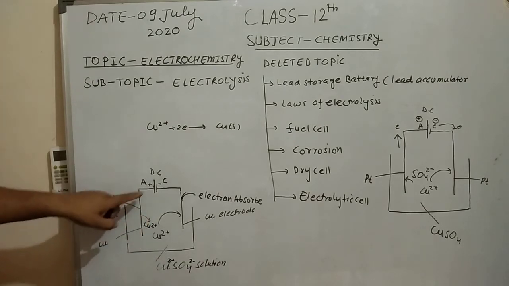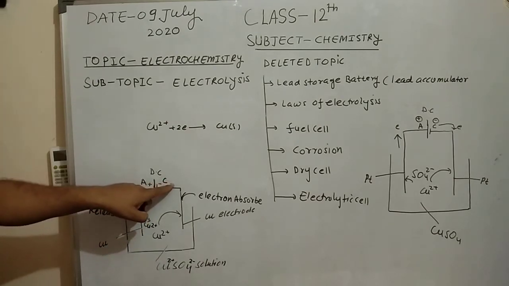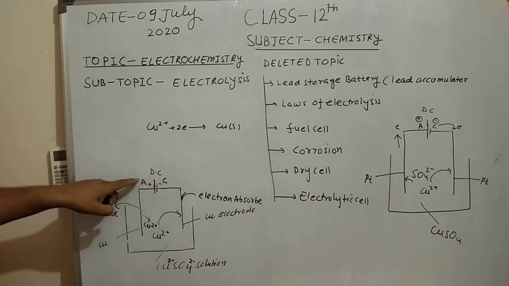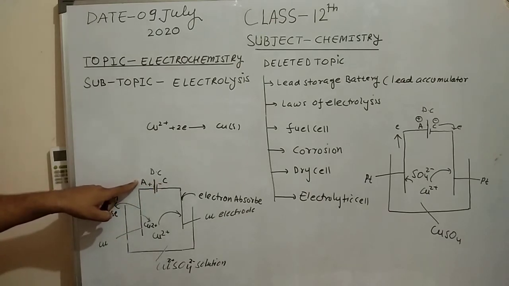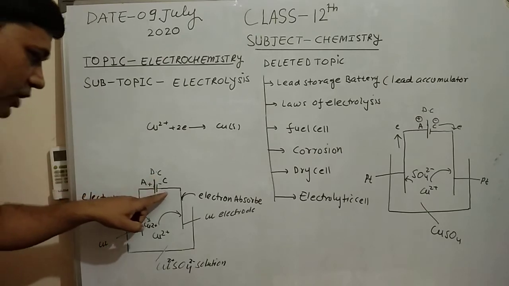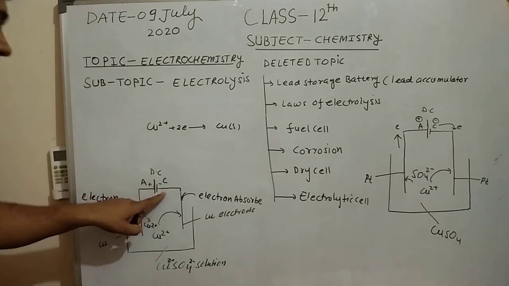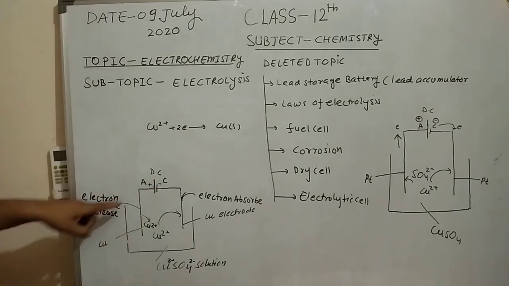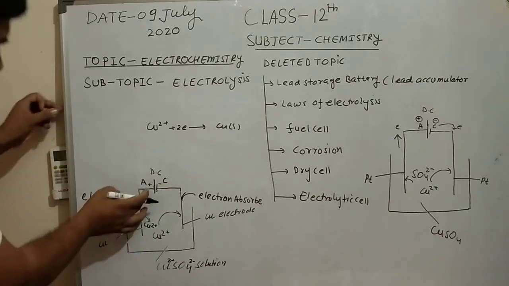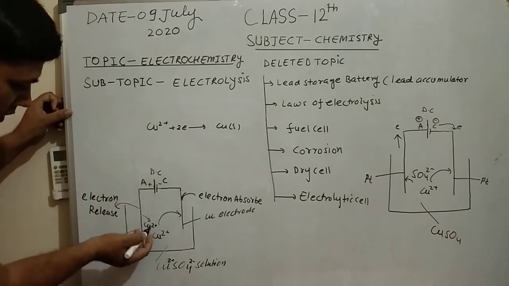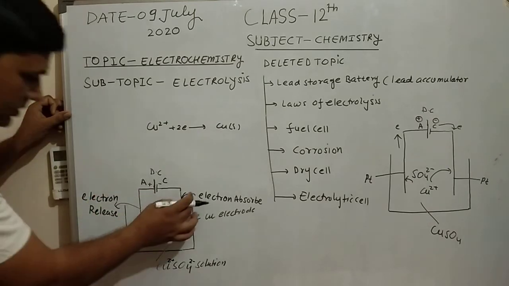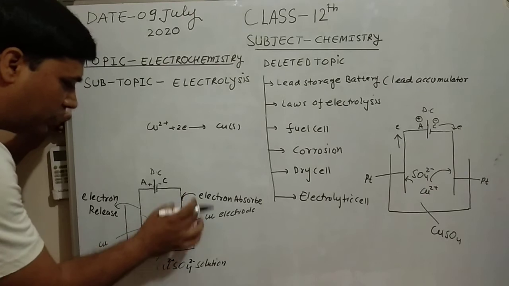This is anode and this is cathode, because the anode is connected with the positive terminal of the battery, that is the DC source, and the cathode is connected with the negative terminal of the battery. This is anode because at this electrode oxidation occurs, and this is cathode because at this electrode reduction occurs.